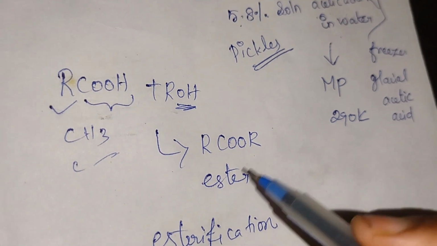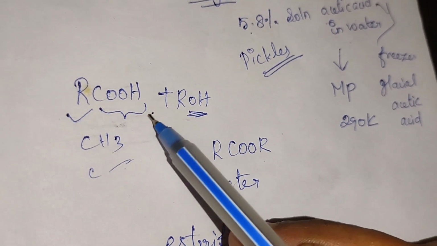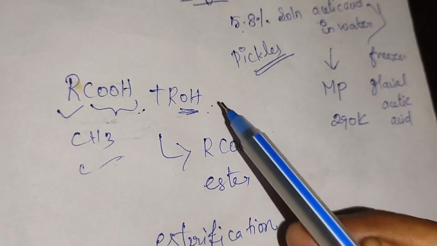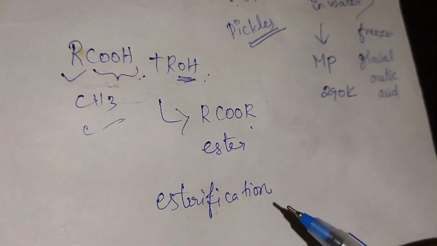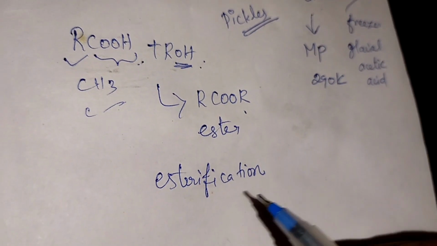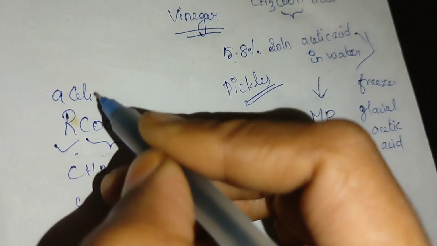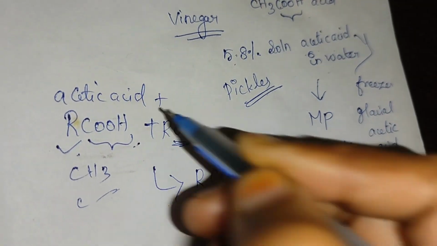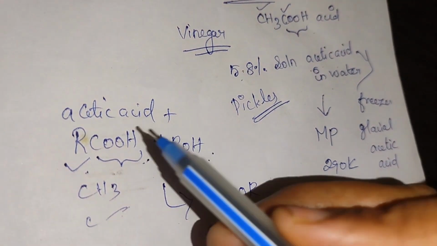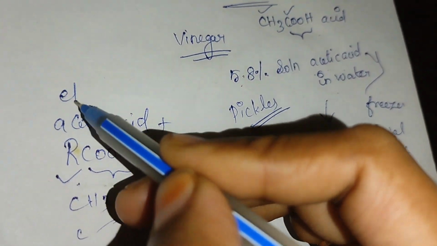I told you about ethanoic acid. We take that acid and react it with alcohol and we get an ester, and this process is known as esterification. Here the acid we are taking is acetic acid, another name being ethanoic acid.